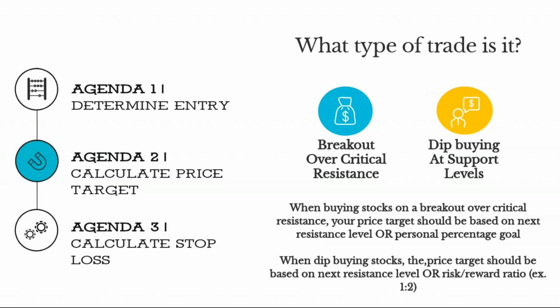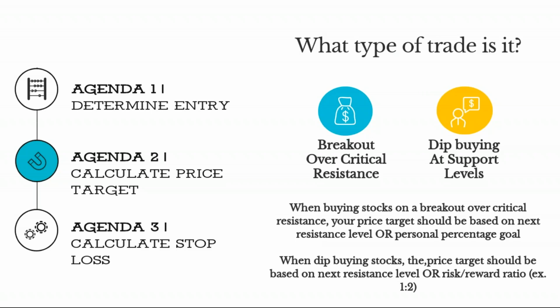Now, when you're dip buying stocks, the price target should be based on the next resistance level or on a risk-reward ratio that's preferable to you. For example, that 1-to-2 risk-reward ratio that we were talking about earlier. This is especially prevalent in dip buying stocks because the amount of resistance points above your support level would kind of deter you from trying to find a right price target.